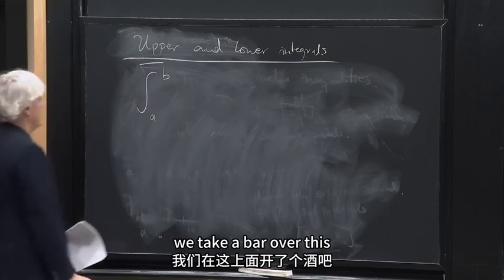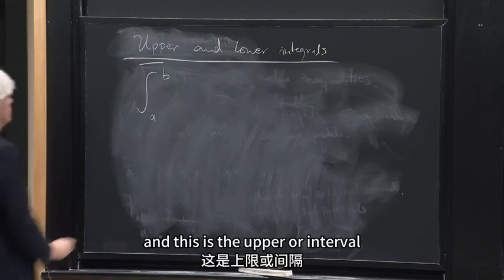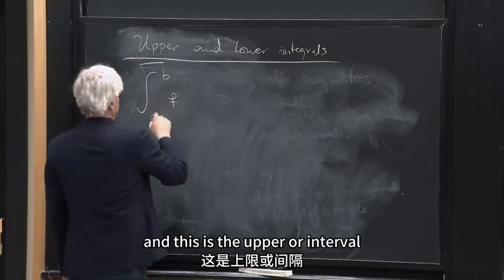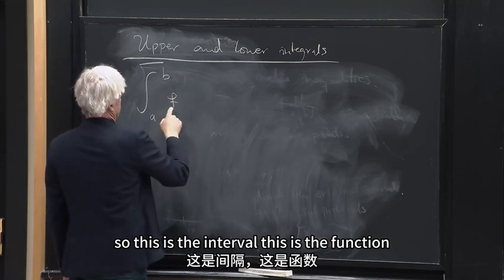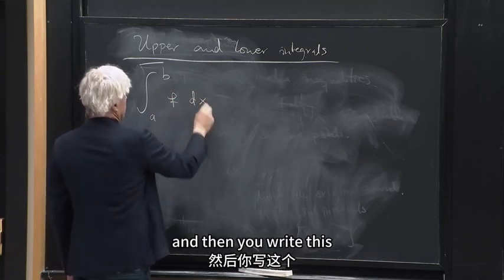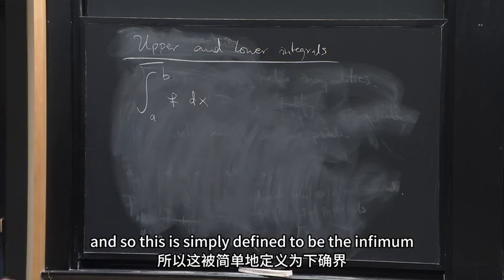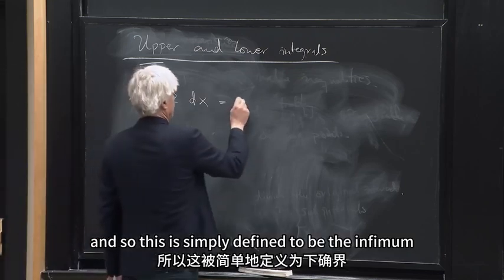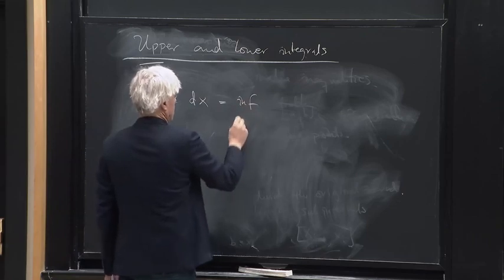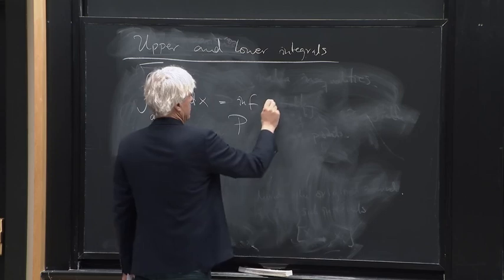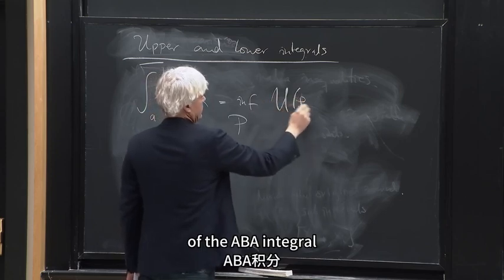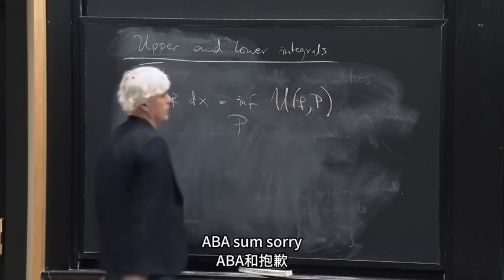We take a bar over the integral sign, then you write the function. And this is simply defined to be the infimum over all partitions of the upper sum.